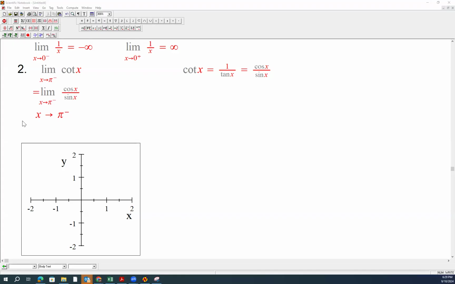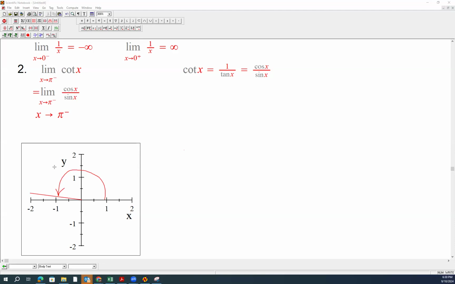Let's undo. How did I draw? Oh, this one. There we go. Sorry about that. So we're going to measure the angle from smaller than pi. This is the situation. All of these are very basic trigonometry. So your terminal side is like here, because it's before you reach pi. That's what x approaching pi from smaller than pi means.